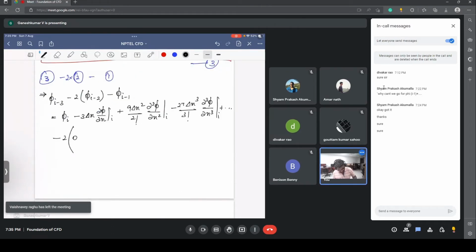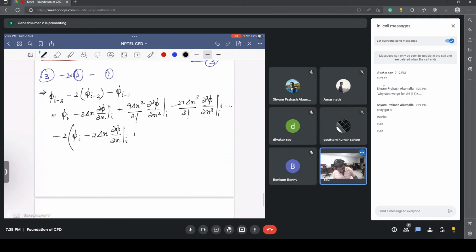What would be phi i minus 2 delta x dou phi by dou x at i plus 4 delta x square by 2 factorial dou square phi by dou x square at i minus 8 delta x cube by 3 factorial dou cube phi by dou x cube at i plus dot dot dot.